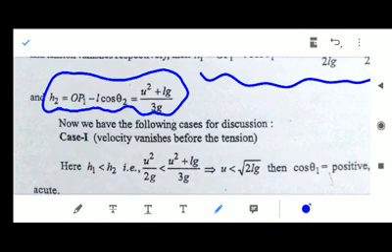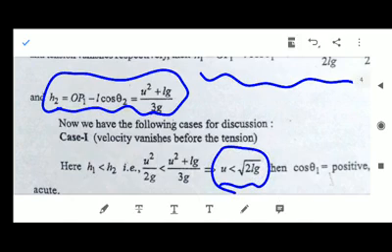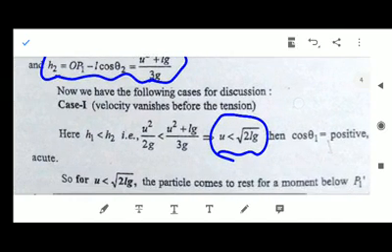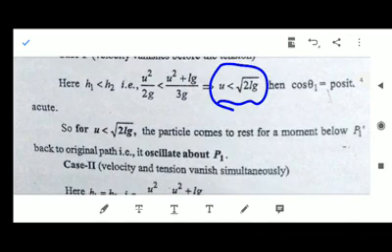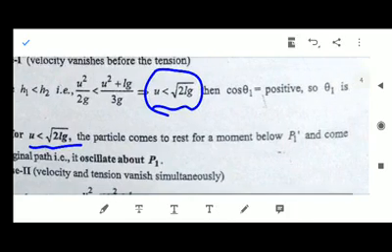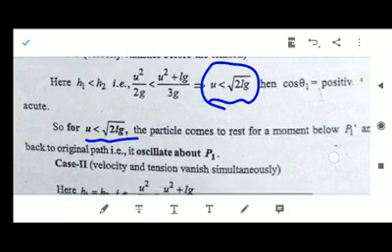After simplification we get u less than under root of 2lg, and then cos theta is positive. So theta 1 is an acute angle. So for u less than under root of 2lg, the particle comes to rest for a moment below P1 dash and comes back to the original path, that is, it oscillates about the point P1.